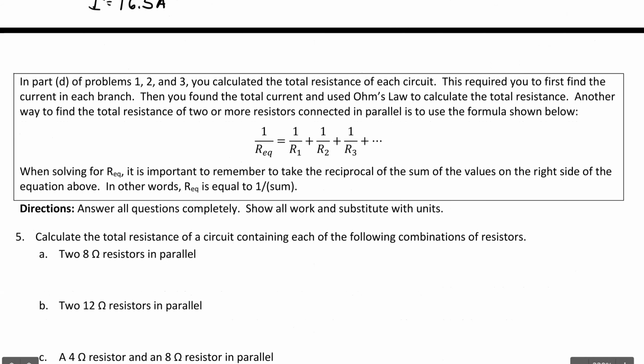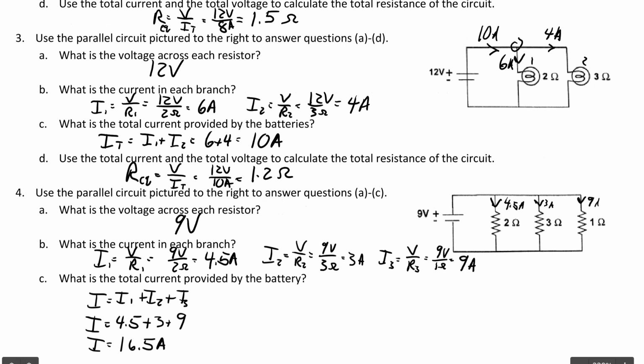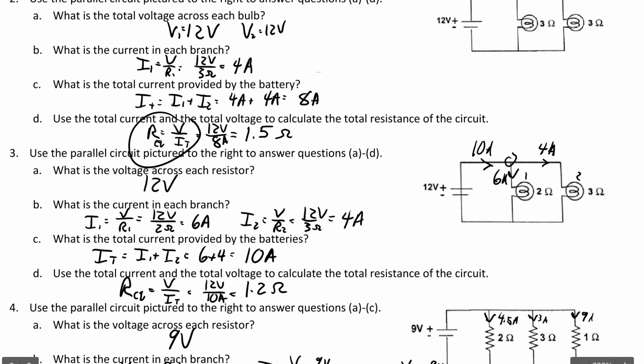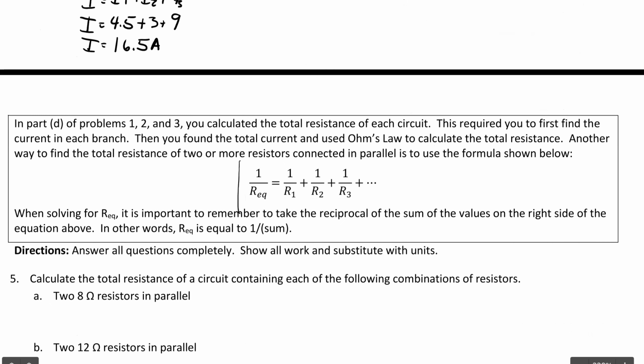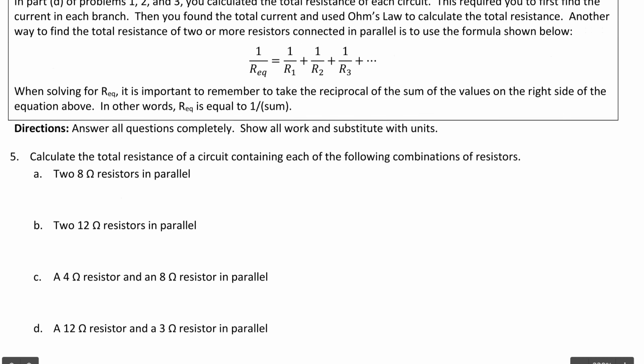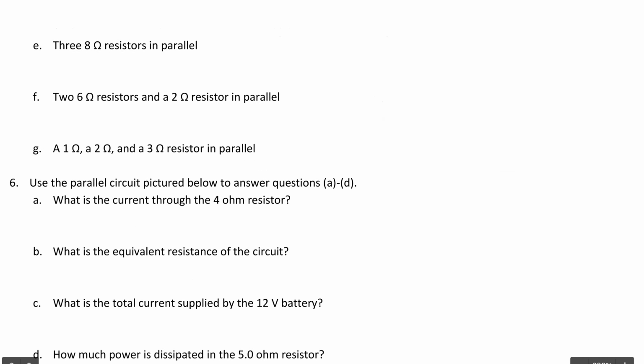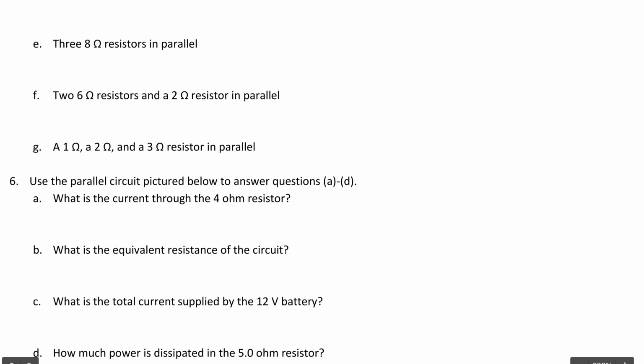Okay, we've been finding the equivalent resistance by using the total current and the total voltage, which is a good way to do it. But now the second page is going to have you do this, which is what we started by talking about. So I'll let you pause the video and read that on your own or look at your worksheet, and let's do the work. We're going to use that formula for these different things.